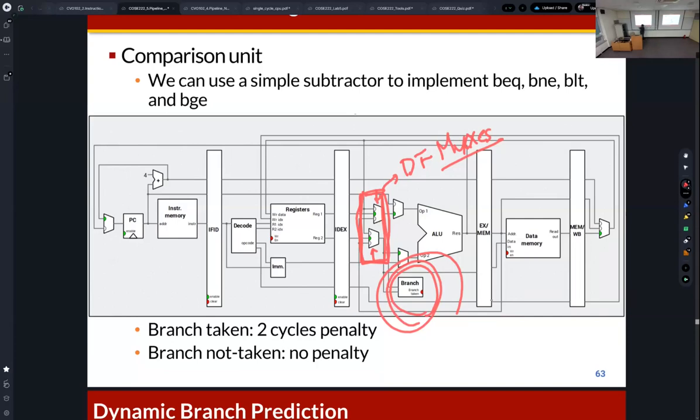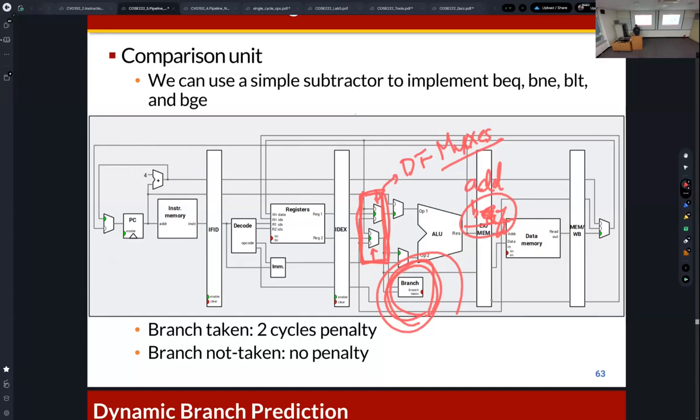So in this case, if the former instruction is the add instruction and the next instruction is the BEQ, then the result of the add instruction can be forwarded, because the branch is located after the forwarding multiplexers. So using the existing forwarding unit, we can resolve the data hazard between any instruction and a branch instruction.